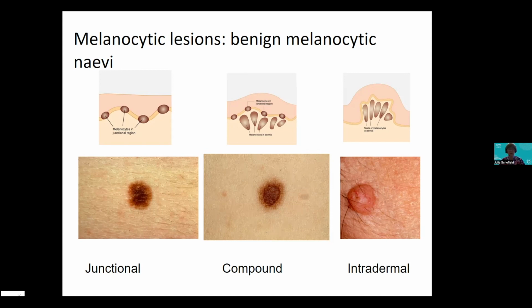But another point to make is that if you had somebody that was in their 30s or 40s, particularly a woman who suddenly developed a lesion like the junctional one on the left-hand side, I would be much more worried, because that's not when we normally would see those. We normally see that sort of appearance in younger patients. And I'll come back to what the worrying signs are that we look at when we're assessing somebody with a pigmented lesion.